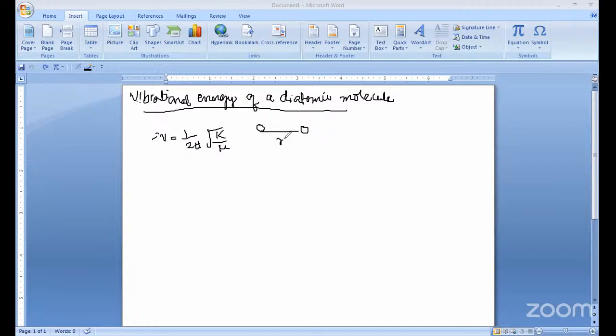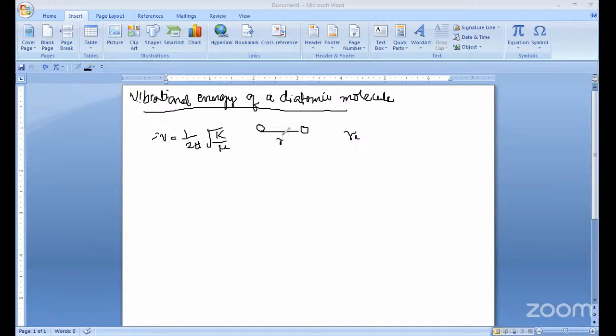These atoms vibrate, so the distance changes about what is called the equilibrium distance, which we take as re. Whenever these atoms vibrate, they move above or below, so that distance we call the equilibrium distance re.